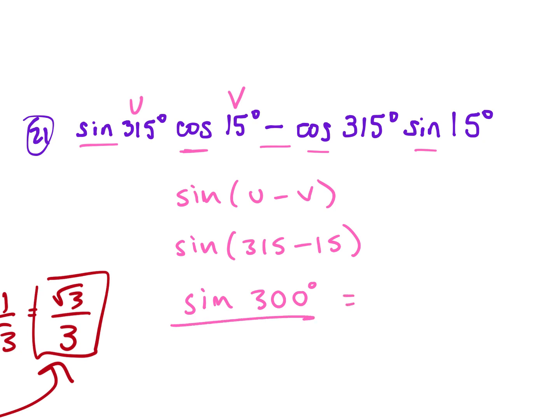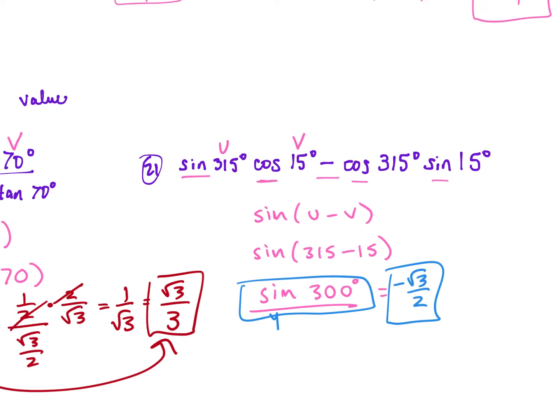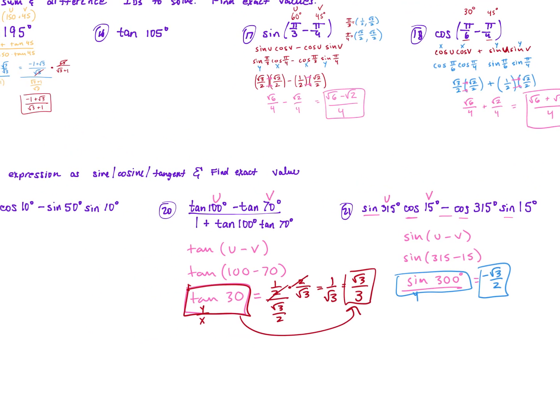Now we have to evaluate the sine of 300. Sine tells us we look at the y. So at 300 degrees, what's our y value? Negative square root 3 over 2. Any other questions here? Yep.